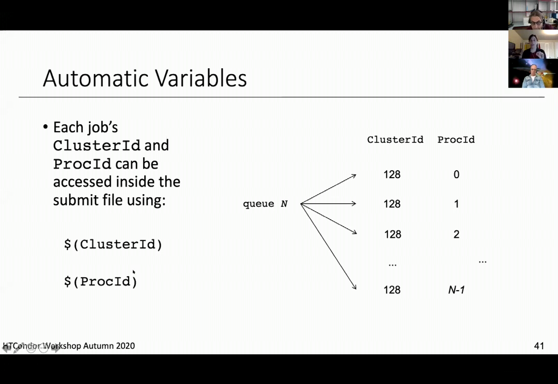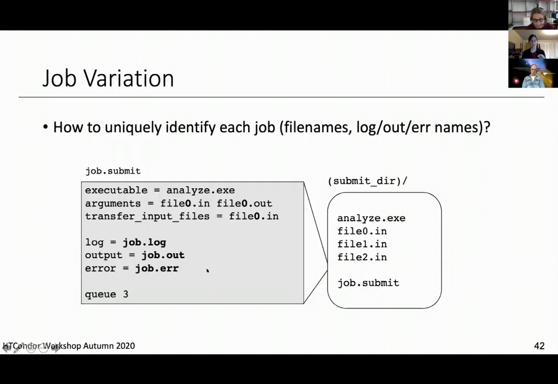So this is great because the proc ID corresponds to the numbers of our input files. So we can take the components of the submit file that need to change for each job, which includes our input files, our arguments, and let's also uniquely identify our error files, just because.